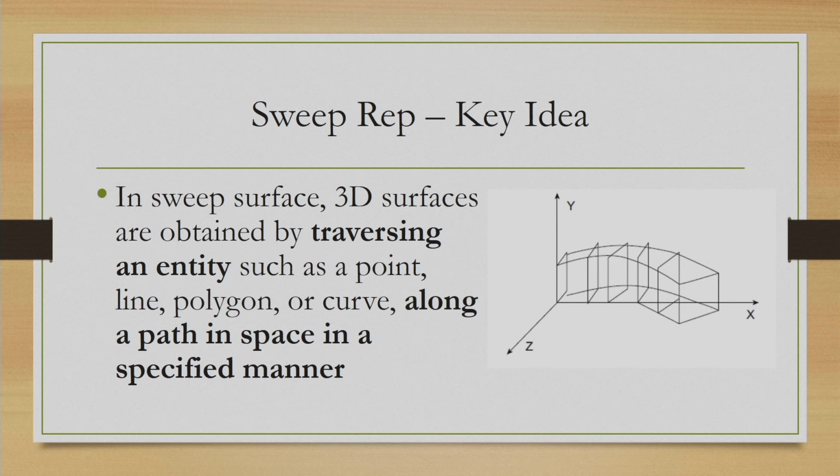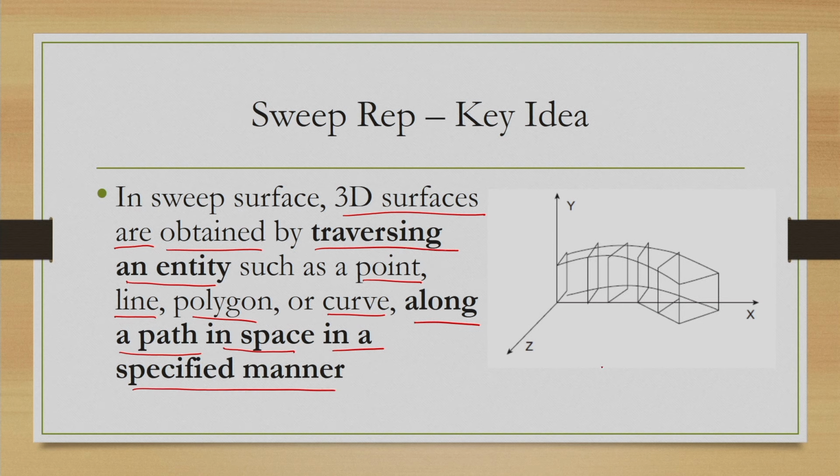Let us try to understand the sweep surface representation. In this type of representation, 3D surfaces are obtained by traversing an entity such as a point, line, polygon or curve along a path in space in a specified manner.